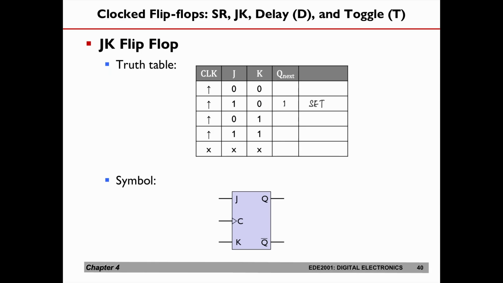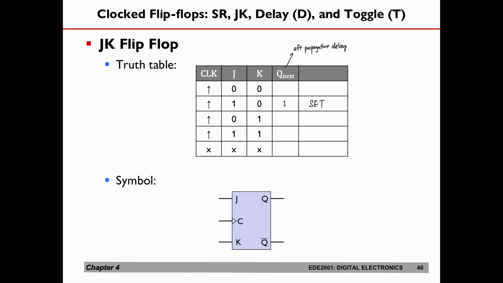The next Q is 1. Now when we say the next Q, we are saying that after the propagation delay, right? So if there is no propagation delay, then you can say that at the same clock cycle, your Q becomes a 1. But as I mentioned before, practically there will be a short time delay.